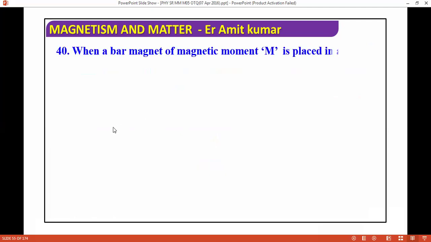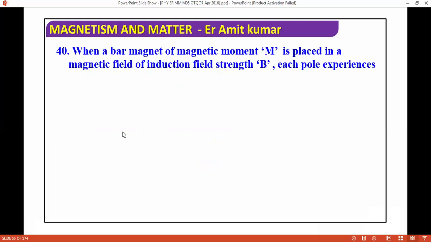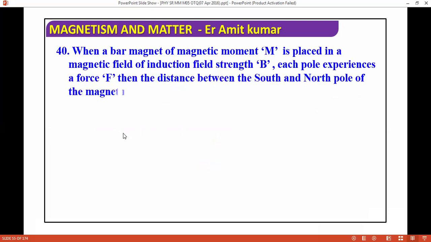Next question: a magnet of magnetic moment M is placed in a magnetic field of induction B, and each pole experiences a force F. Then what is the distance between the south and north pole of the magnet, measured inside it? We are talking about a distance.